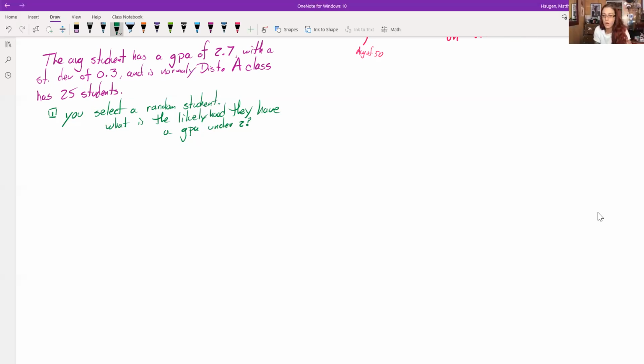So we would draw our normal distribution bell curve with a mean of 2.7. And our standard deviation is 0.3. Well, really just 25 students. If you select a random student, what is the likelihood?